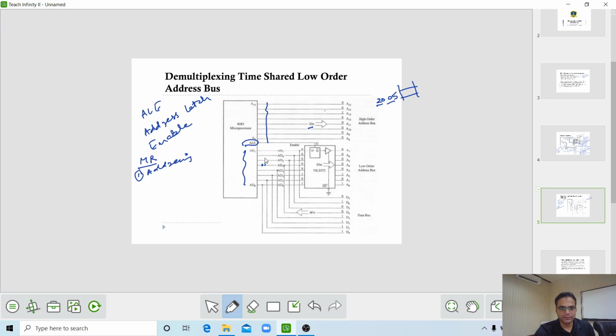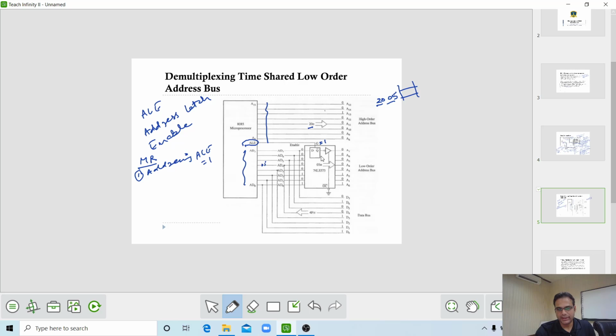When the microprocessor loads 05 data on these low order address buses, it also sets the ALE signal to 1. So during this addressing procedure, the ALE signal goes to 1.